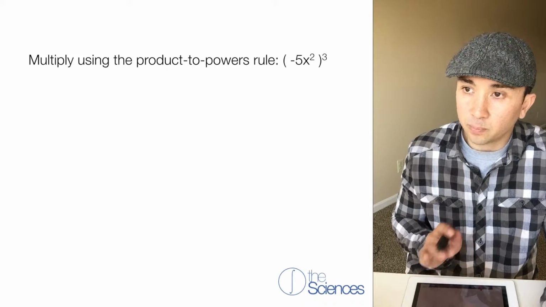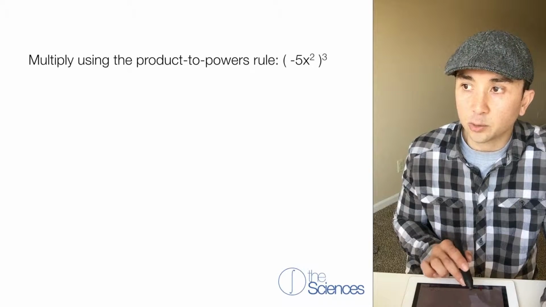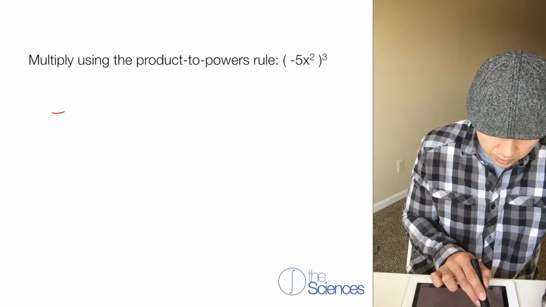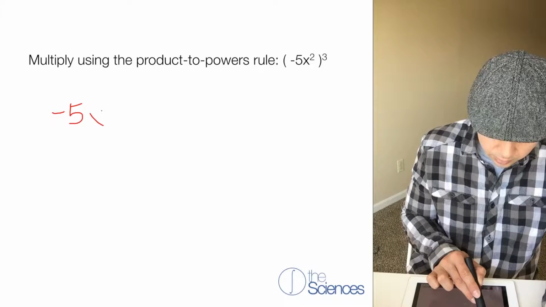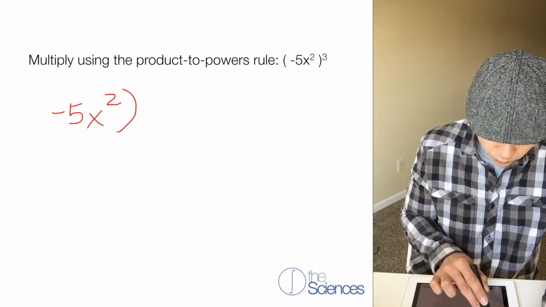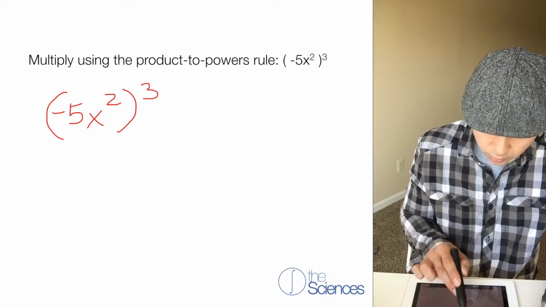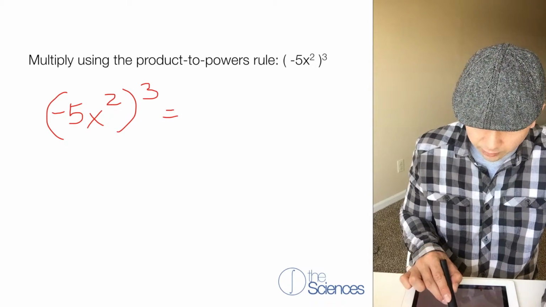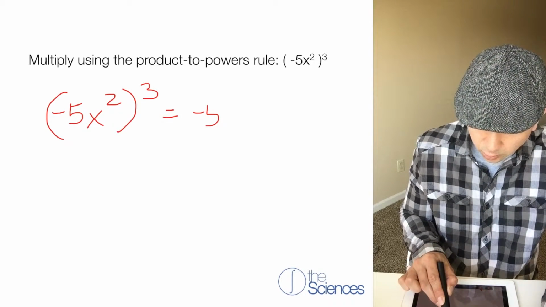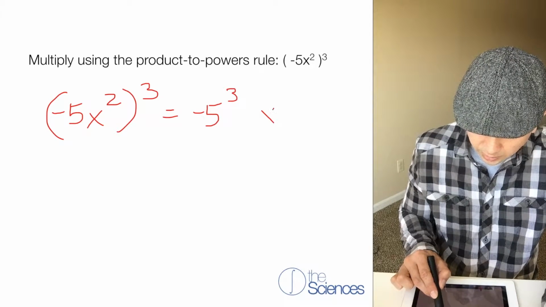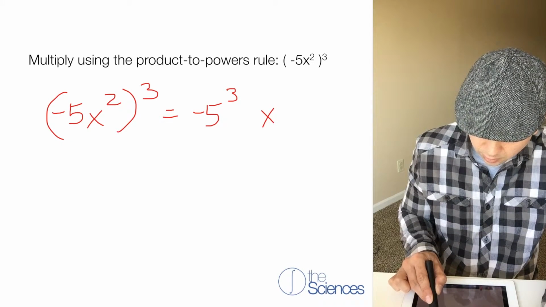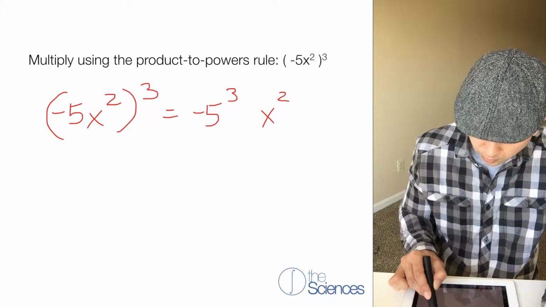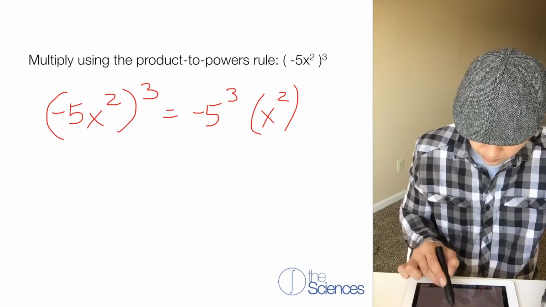Let's multiply using the product to power rule, negative 5x squared raised to the 3rd power. So what that means is we have negative 5 cubed times x squared cubed.